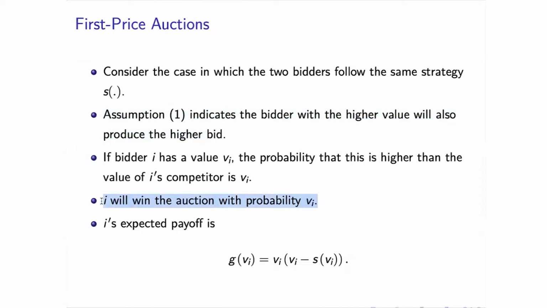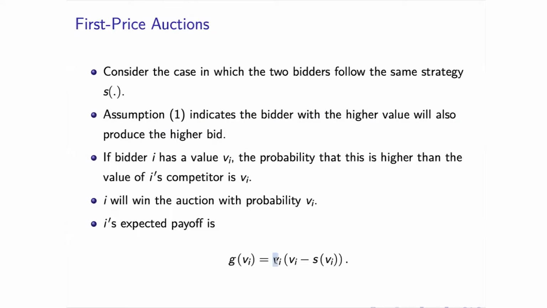Okay. Now, why is this useful? Because from here we can calculate the expected payoff, right? Remember, in the first price auction, if you lose, you get nothing, and if you win, then you have to pay a price equal to your bid, right? So if you lose, which happens with probability 1 minus Vi, you get 0. So in expected payoff we have 1 minus Vi times 0, and that part cancels.